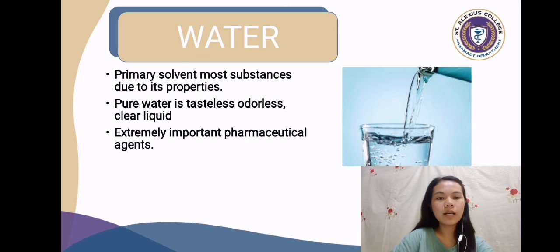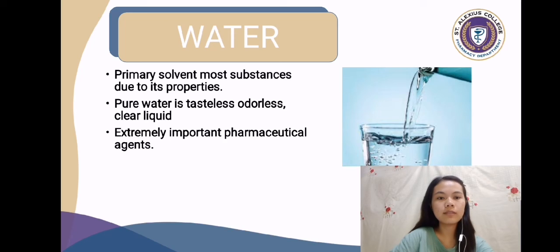So now we will discuss water and its pharmaceutical uses. Water is the primary solvent to most solutes due to its properties. We all know that water is considered a universal solvent because more substances dissolve in water than in any other chemicals. Pure water is a tasteless, odorless, and clear liquid.